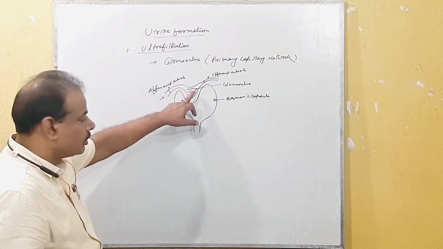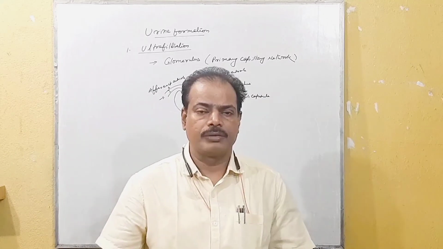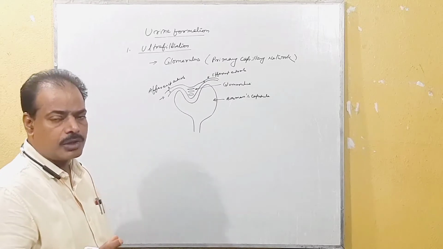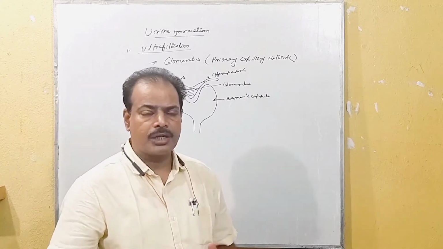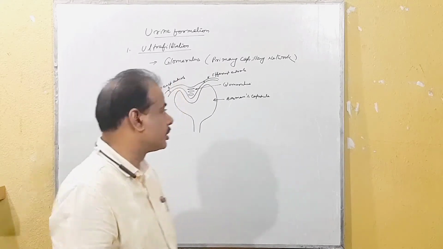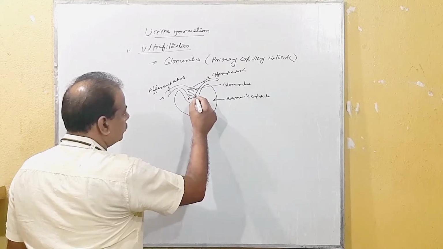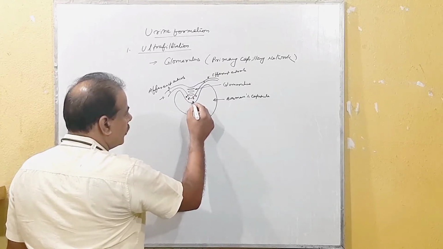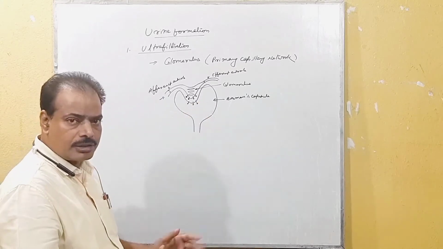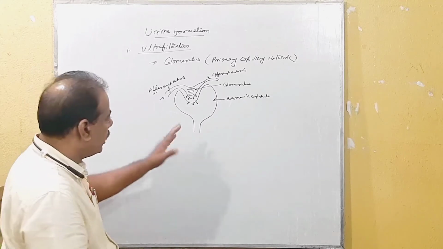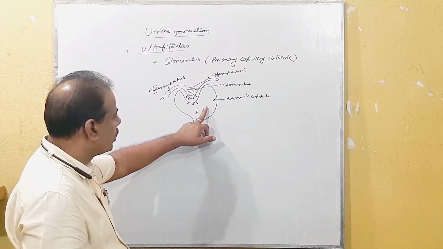So the liquid part of blood, which is known as plasma, along with many types of substances which are micromolecules, very small in size, such as glucose, amino acids, and different types of ions along with water, comes through the glomerulus to the Bowman's capsule, and from the wall of the Bowman's capsule, which is made up of epithelial tissue, it is filtered again, and then it comes into the space present in the Bowman's capsule.